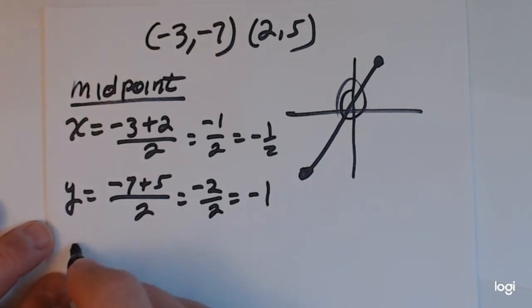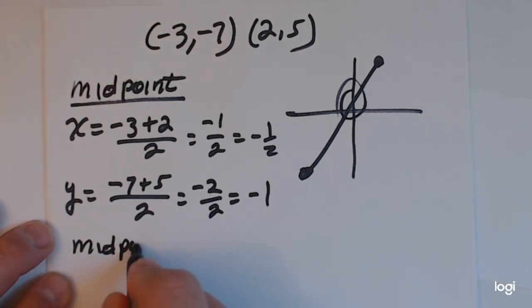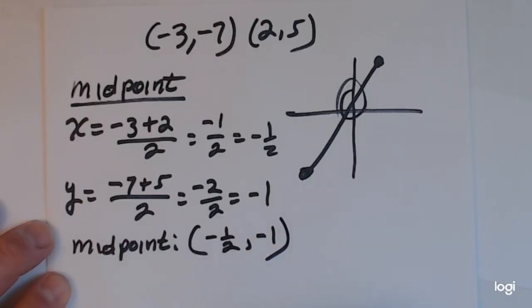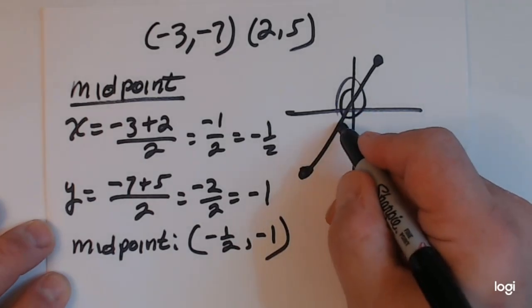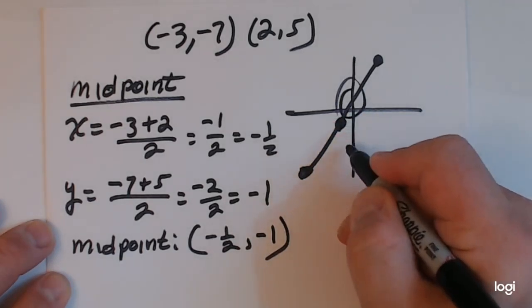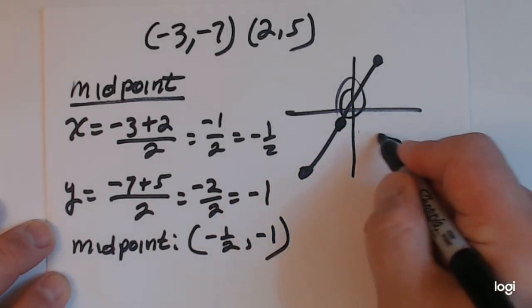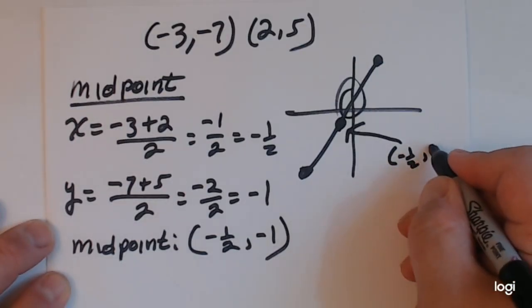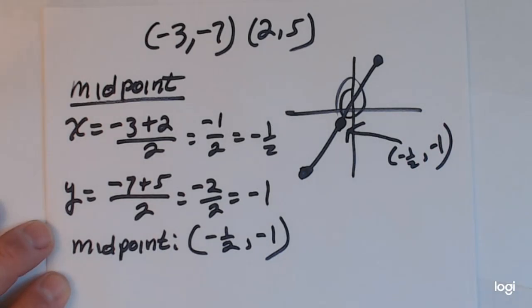So the midpoint is located at -1/2, -1. So right about here, -1/2, -1. So there's the midpoint.